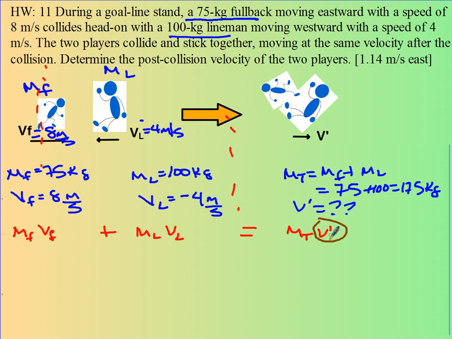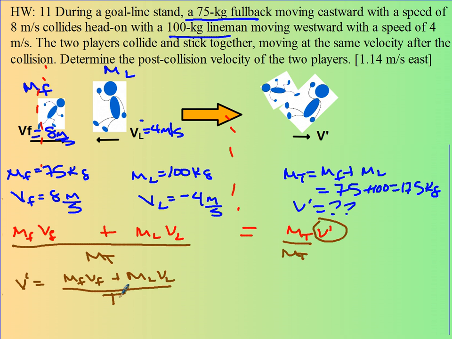Circle it. We're multiplying by the total mass, so we have to divide by the total mass. And we have to divide the entire right side by the total mass. I'm going to reverse my signs here. V prime is mass of the fullback times velocity of the fullback, plus mass of the lineman times velocity of the lineman, divided by the total mass. Now I could have written this as the mass of the fullback plus mass of the lineman.